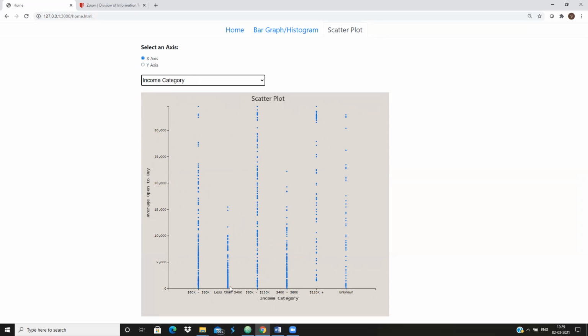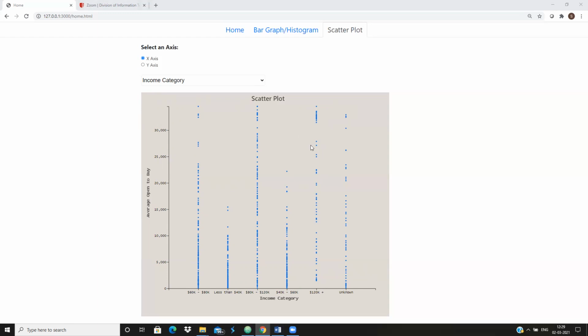We can see that as the income is lower, the open to buy is a lot lower as well. And when the income goes beyond 120K, you can find a chunk of people even here, right?